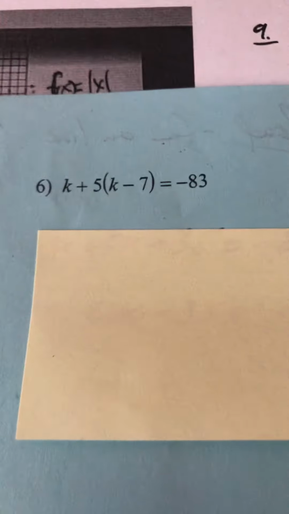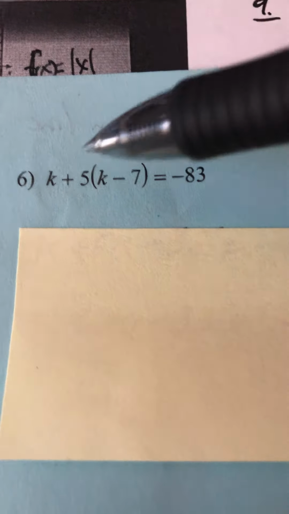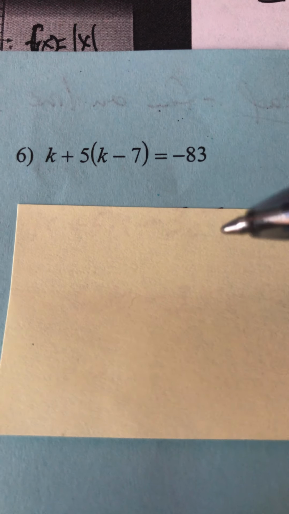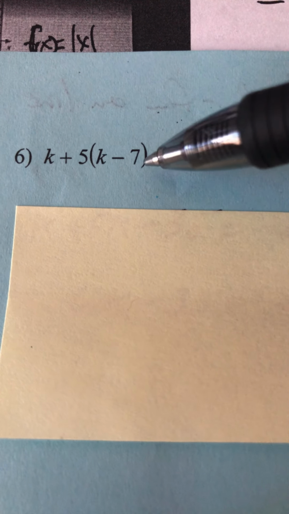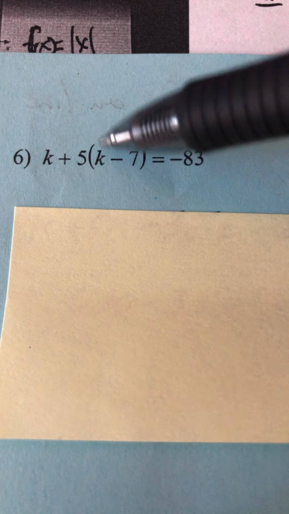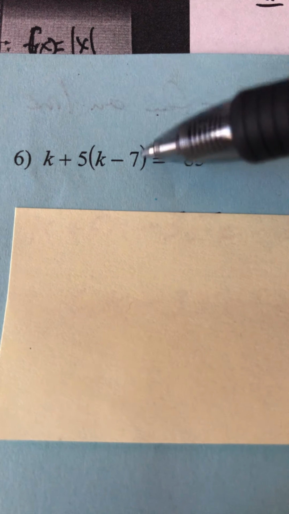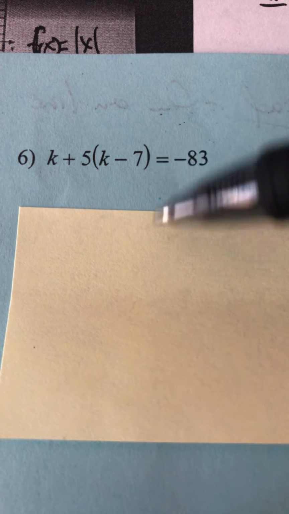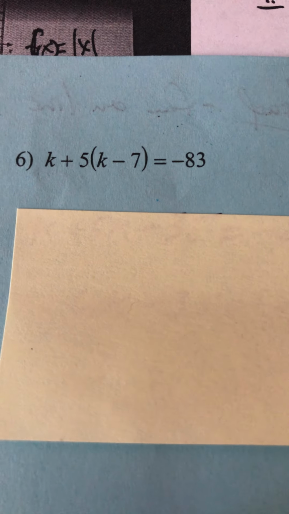For number 6, you are going to multiply 5 times k and 5 times negative 7. So you have to do the distributive property. Bring everything else down: k plus 5 times k and whatever 5 times negative 7 is equals 183.